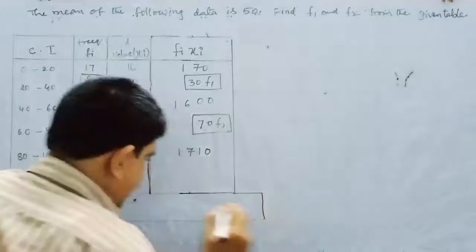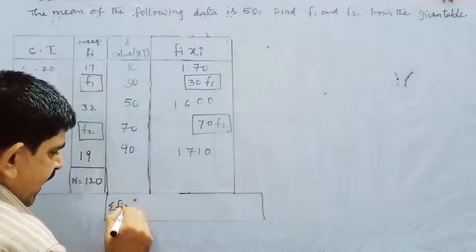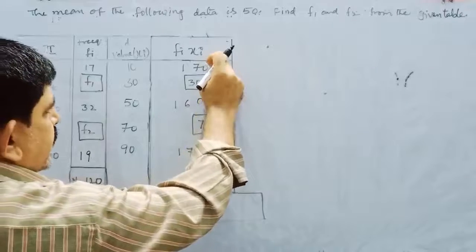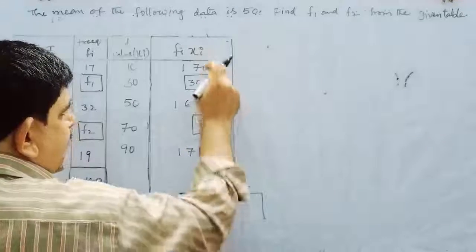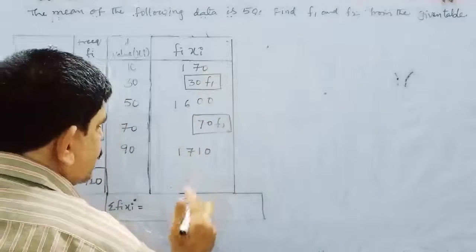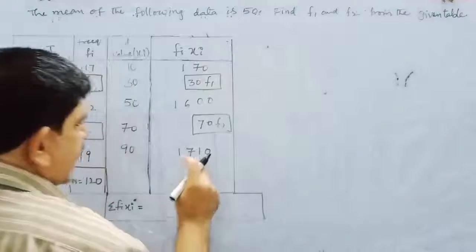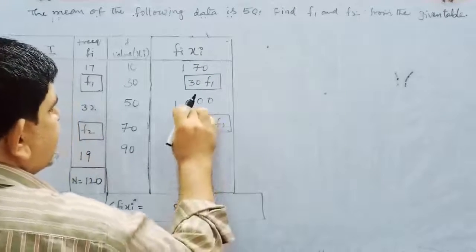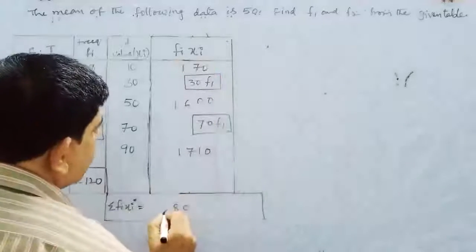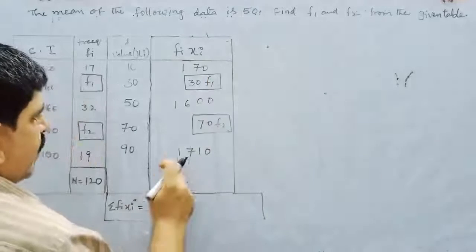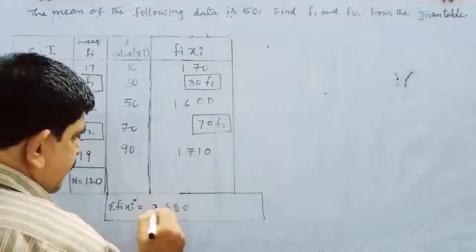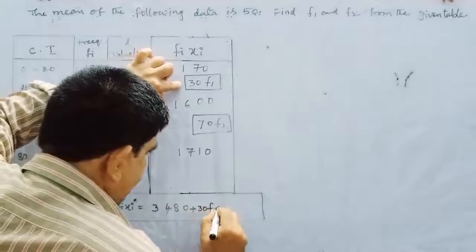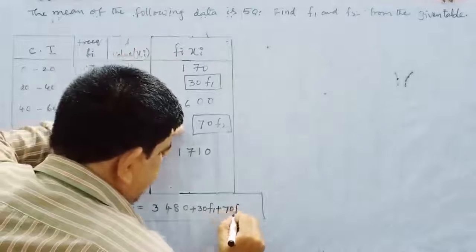Now you find sigma Fi xi. Sigma Fi xi is equal to 0 plus 170 plus 1600 plus 1710, which is 3480, plus 30 f1 plus 70 f2.